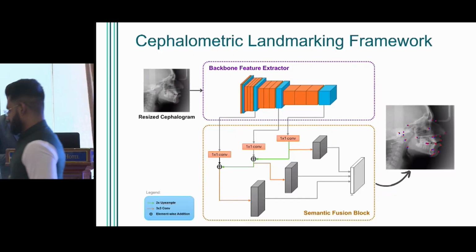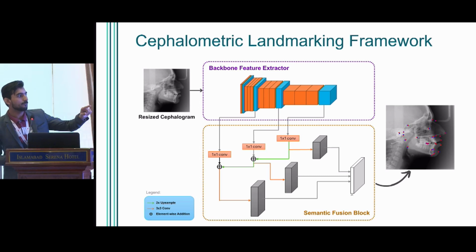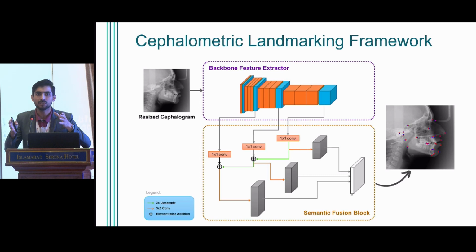Okay, let me go to the exact slide. Oh, yes. So if you can see, when we are fusing features from the later layer to the features from slightly earlier layers, we are applying some convolutional layers in which we not only reduce the channel dimensions, the depth of the features, but also keep the spatial resolutions intact while we are fusing.